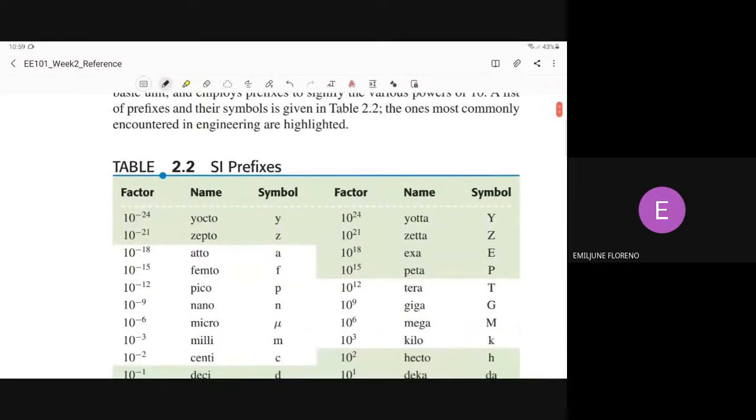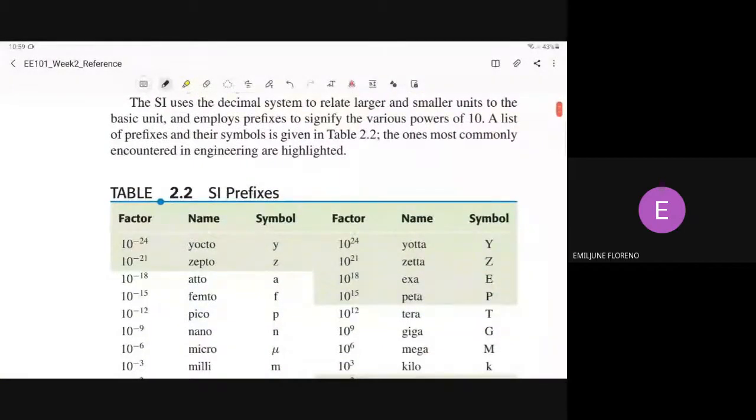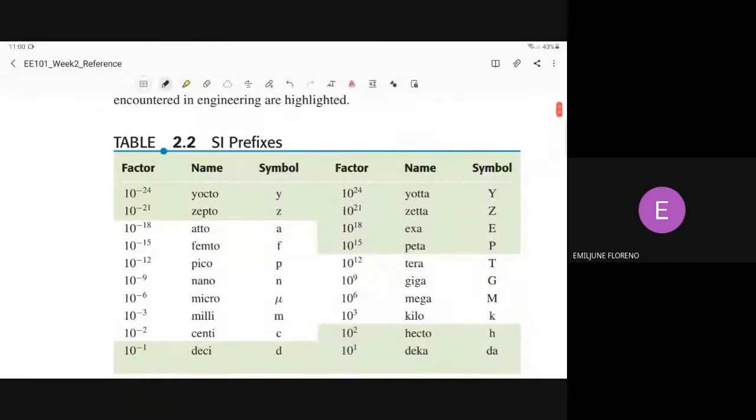Now going back to our discussion. There are also some prefixes that we need to familiarize ourselves with in studying electrical circuits, like in describing resistance, which is in ohms.